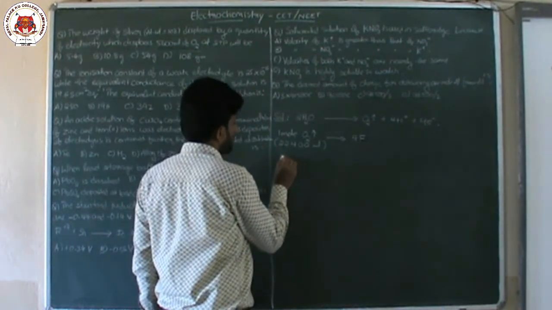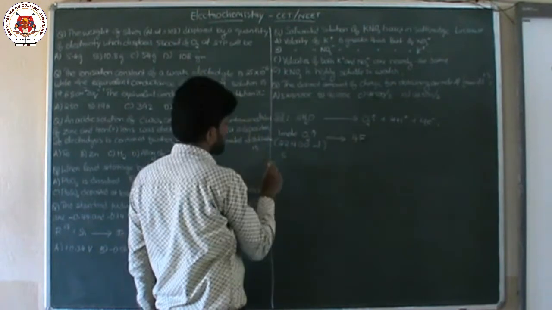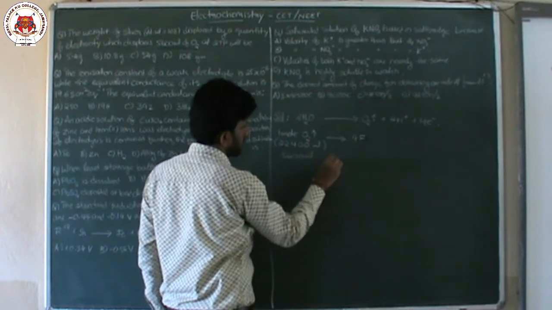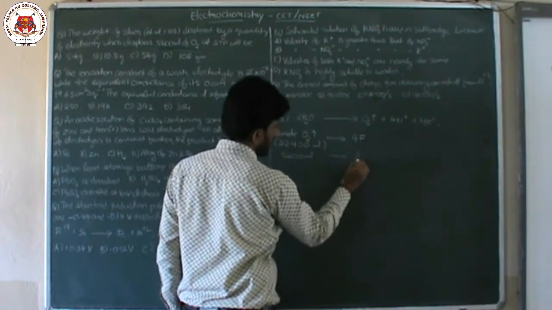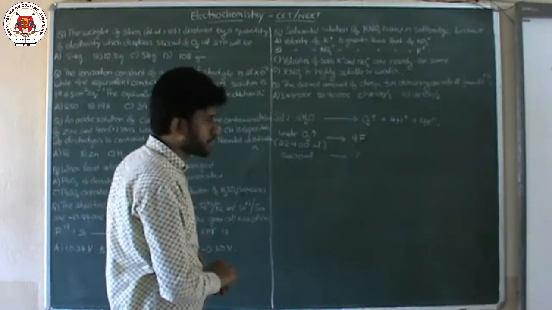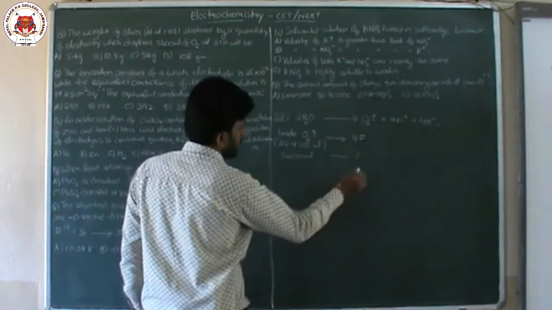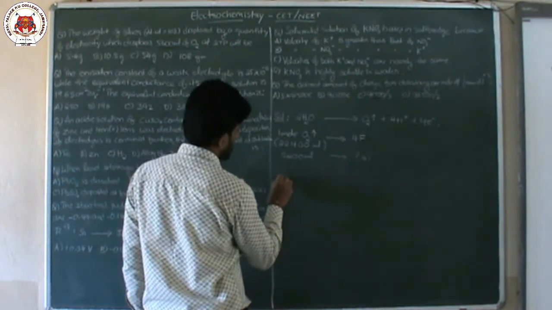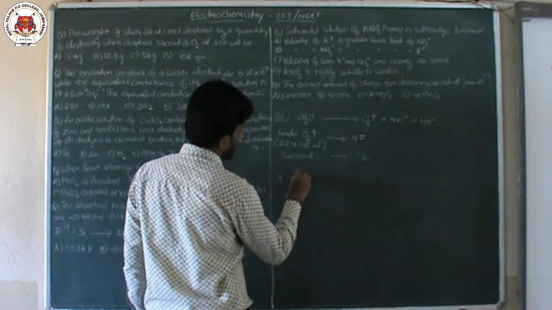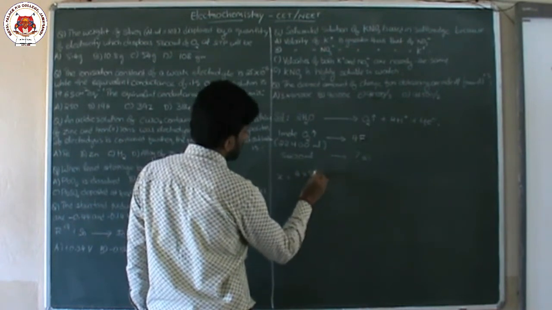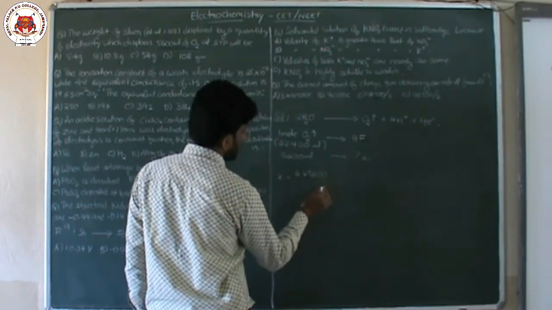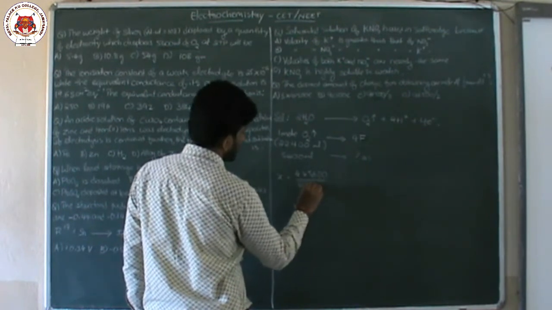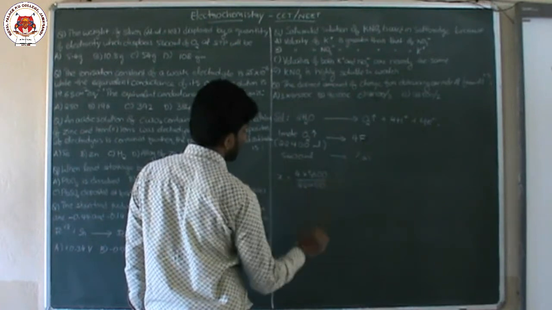Then for 5,600 mL, how much charge is required? Assume this is x and cross multiply. So x is equal to 4 into 5,600 divided by 22,400.